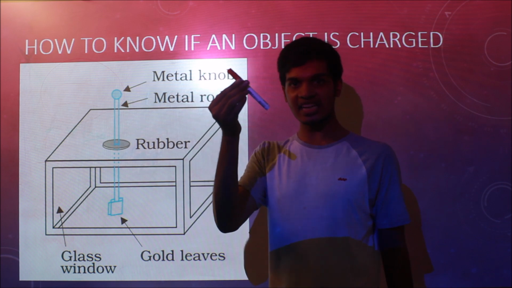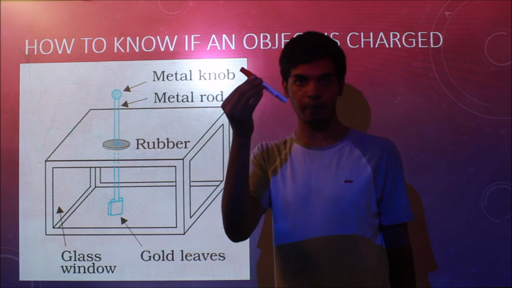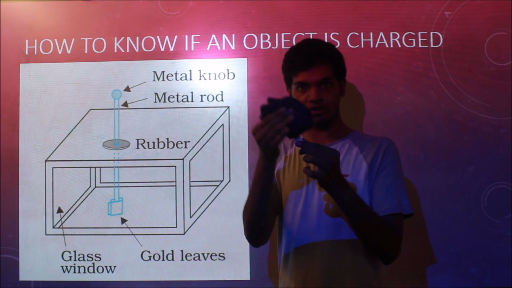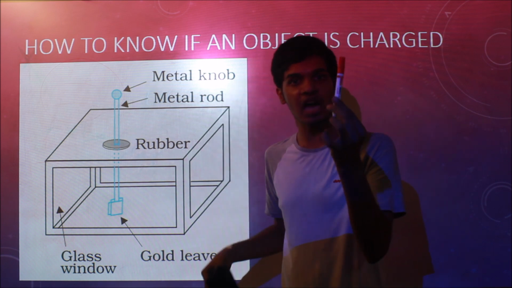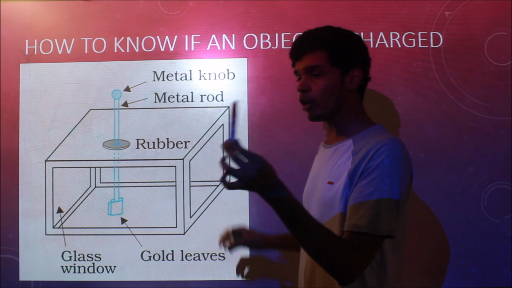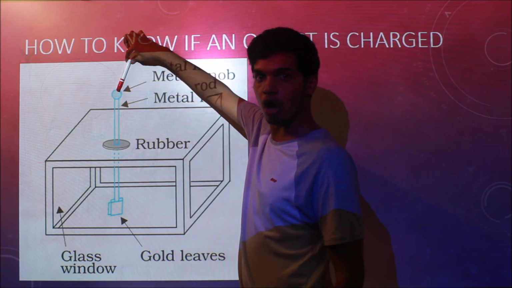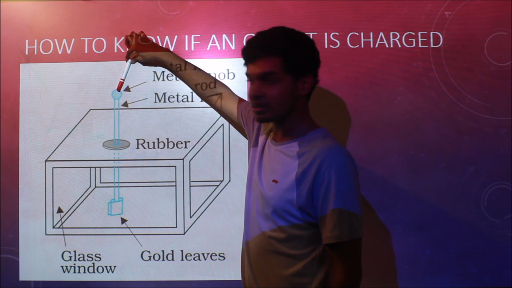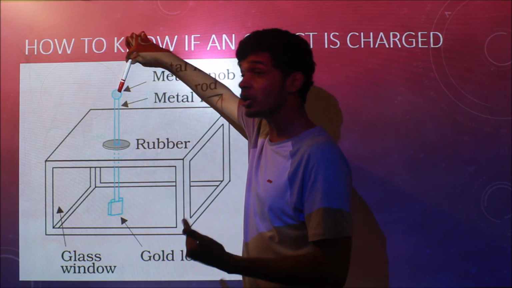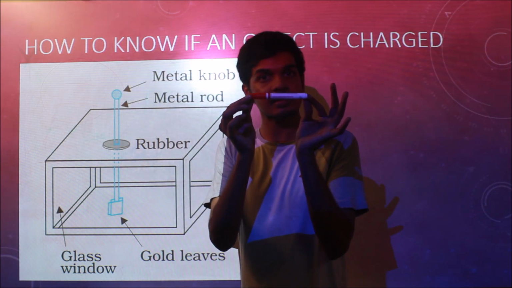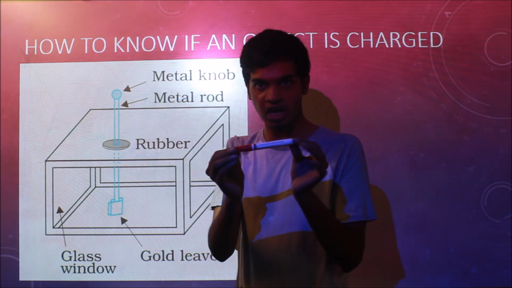Suppose the pen that I have with me is a charged pen. That is, I rubbed this pen with this cloth and I have now charged this pen. If I were to bring this charged pen in contact with the top side of the metal rod, suppose this pen has a positive charge.